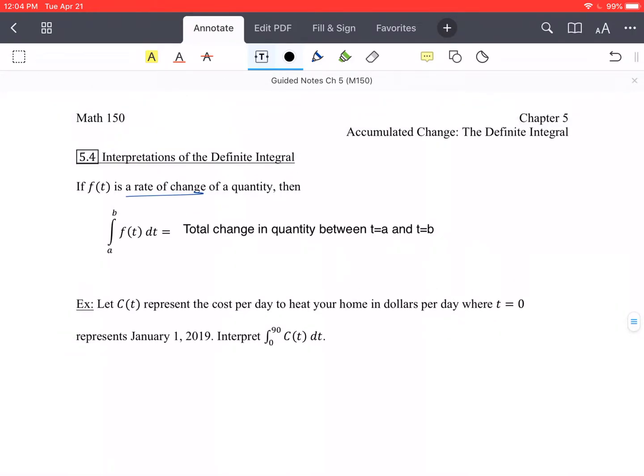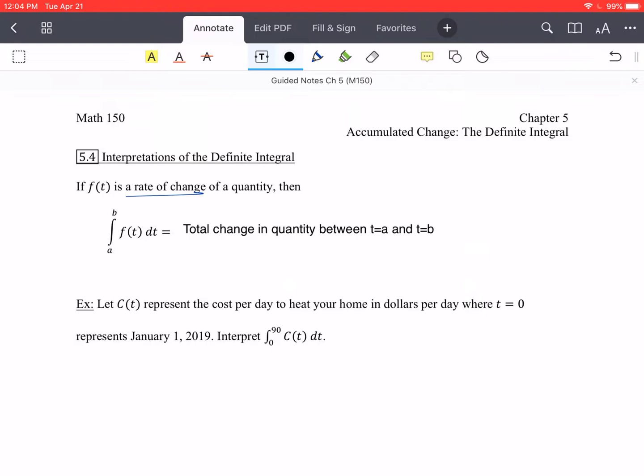So if the function is a rate of change and we find the area under that curve, that integral is going to give us the total change in quantity. So how much did it change at that growth rate?